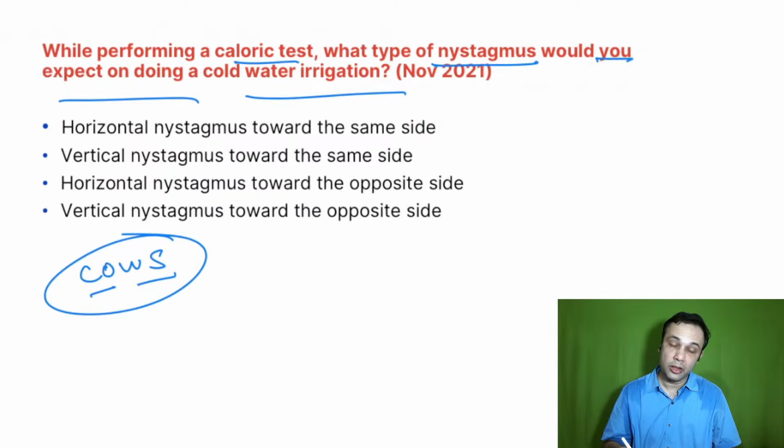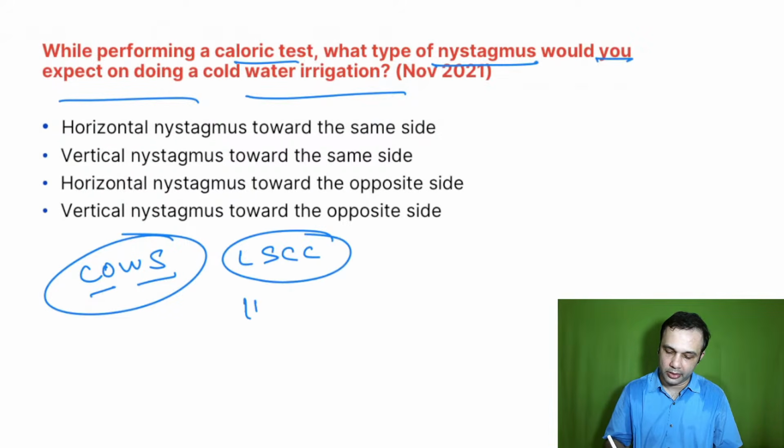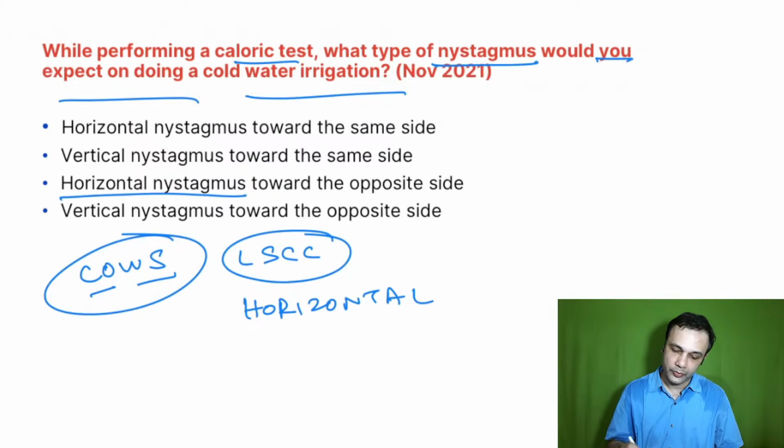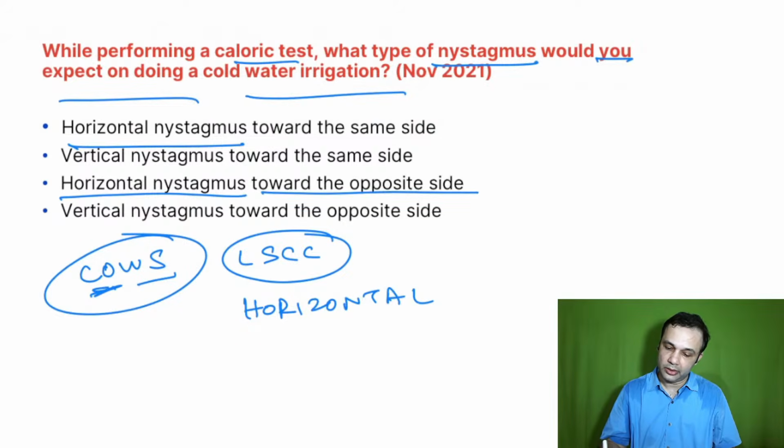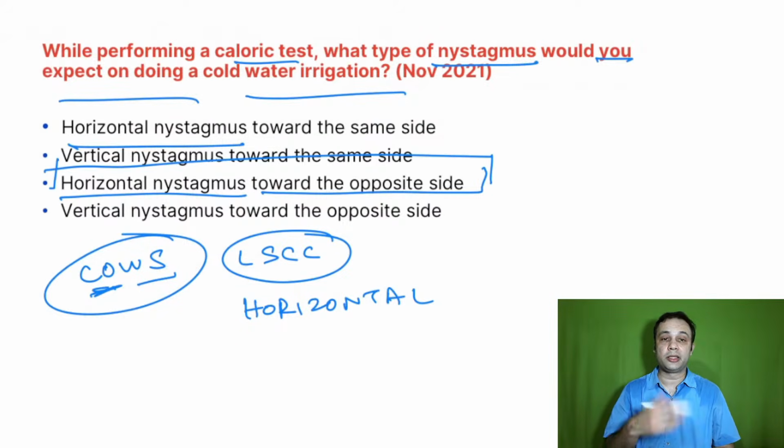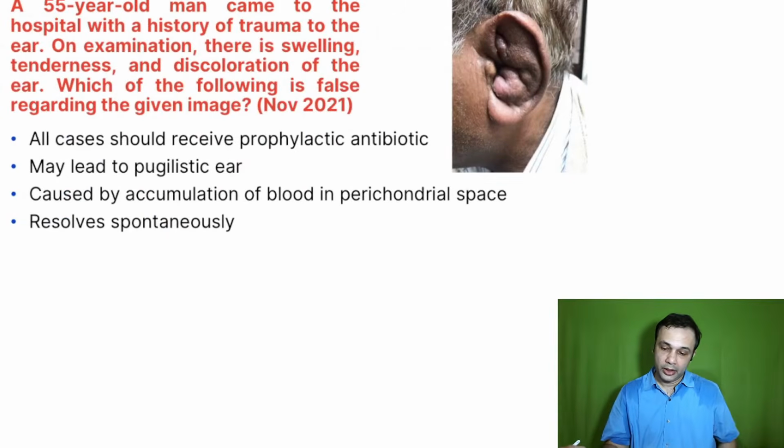To the opposite side, right? It stimulates the lateral semicircular canal, so it will be a horizontal nystagmus, right? So cold water gives horizontal nystagmus to the opposite side. Straightforward answer here.